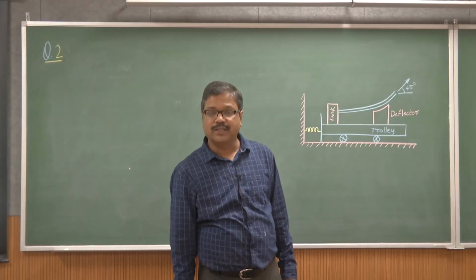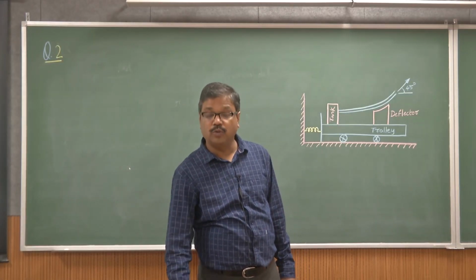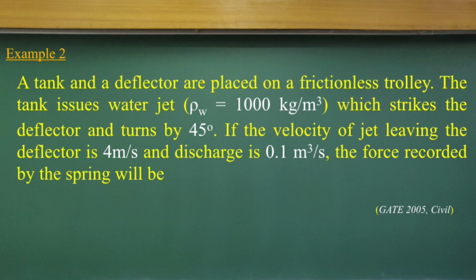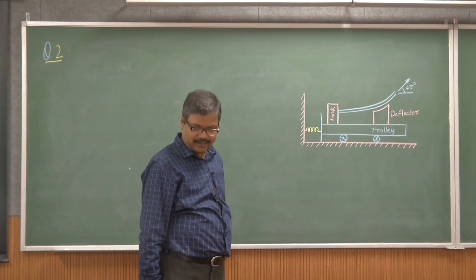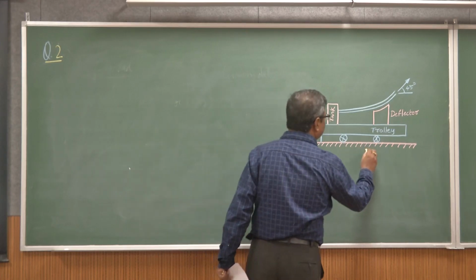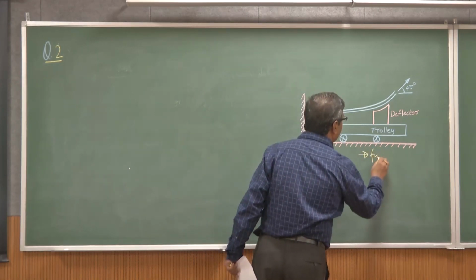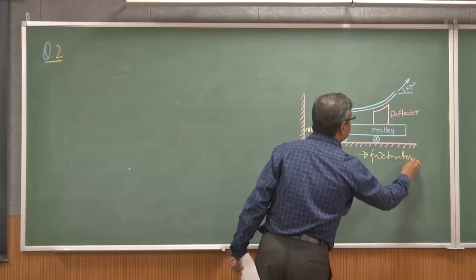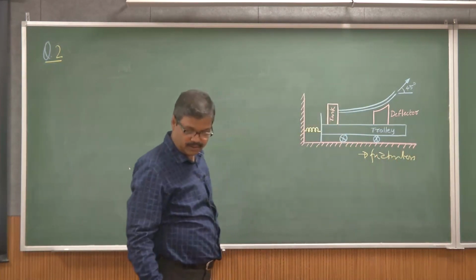Let us start the question, example number 2, in which a tank and deflectors are placed on a frictionless trolley. This is the frictionless trolley. That means there are no friction force components.